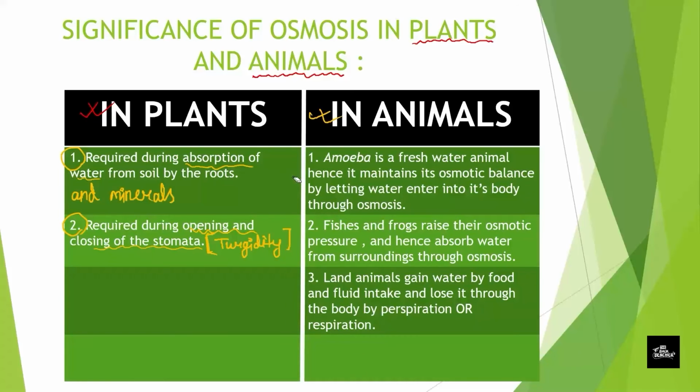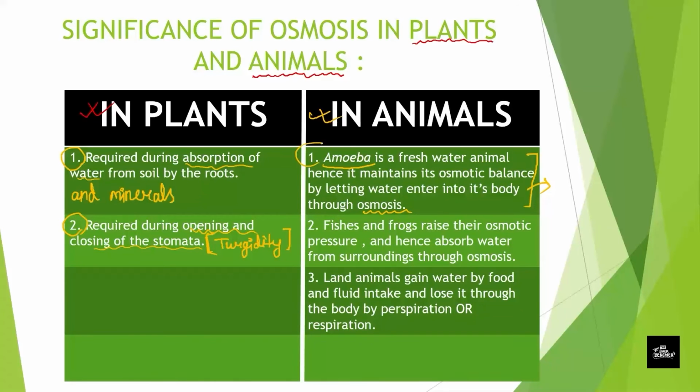Amoeba is a freshwater animal, and hence it maintains its osmotic balance by letting water enter its body through osmosis. Because animal cells have a cell membrane, to pass through the cell membrane, osmosis is definitely taking place.